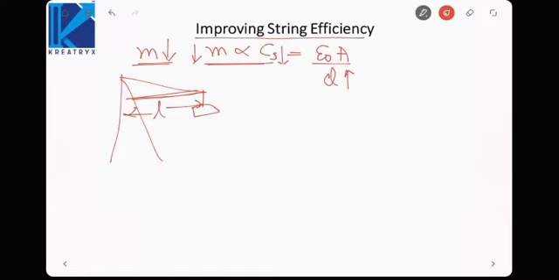But that will require changes in the tower construction, which is uneconomical. Whenever we want to make any changes to the tower construction, it involves a lot of cost, so we cannot implement that. That is why we cannot reduce the M value. This method is impractical. We have to resort to other methods to improve the string efficiency. Okay, so this method is uneconomical.